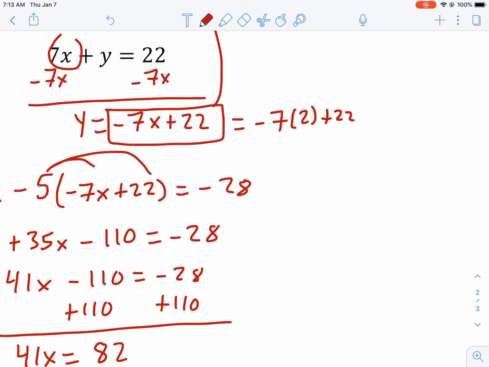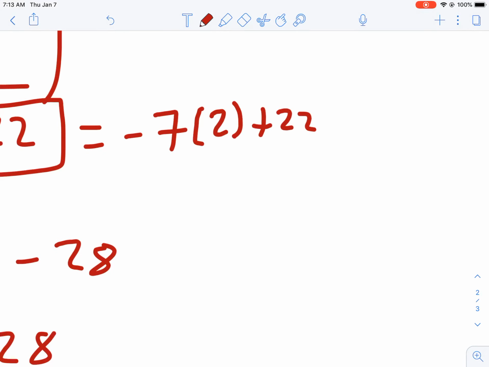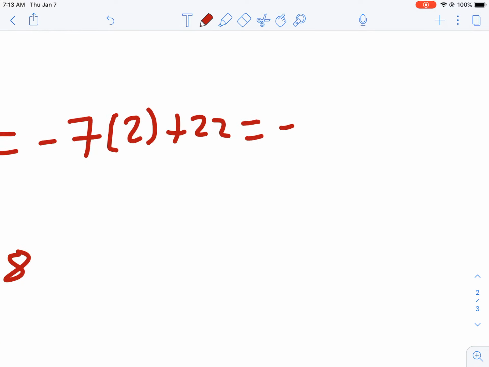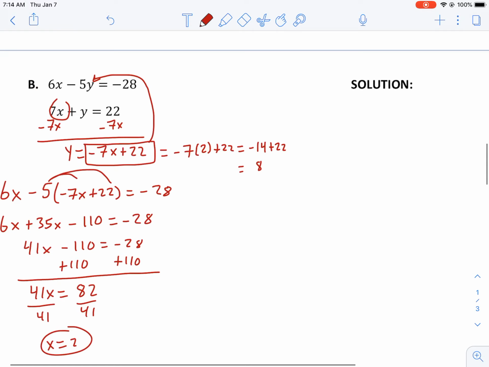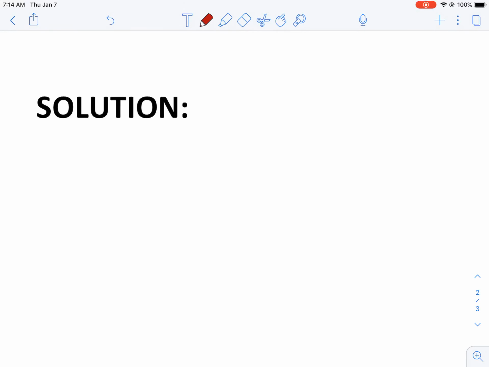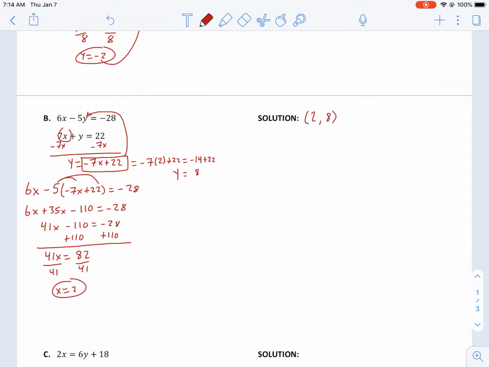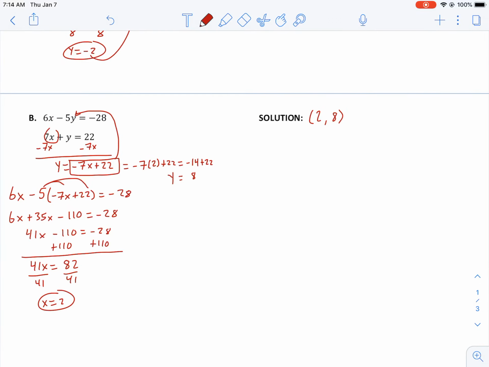And you can just do your order of operations. You don't have to worry about solving again. So we got negative 14 plus 22, which is 8. So y equals 8. And so our solution, remember we want to write our solution as a point, is going to be 2 comma 8. All right, so that's just one example of how this could look.